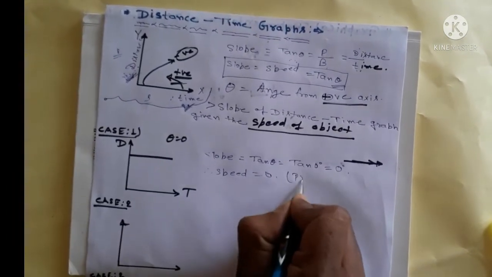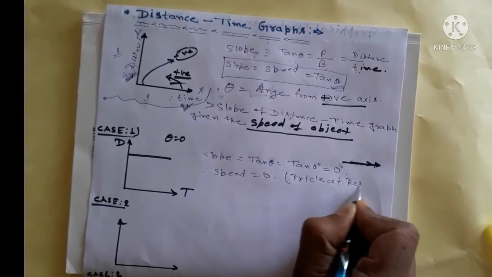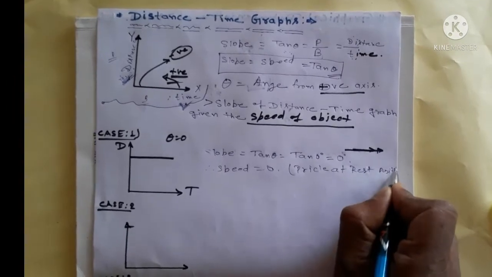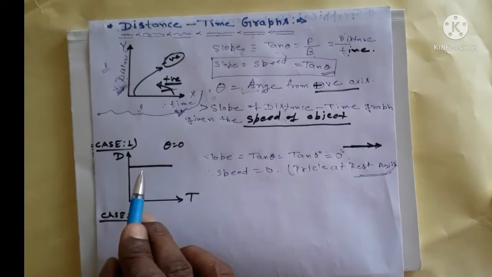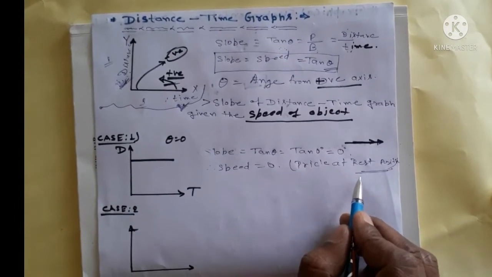So the particle is at rest position. So this graph of distance time is giving speed 0.